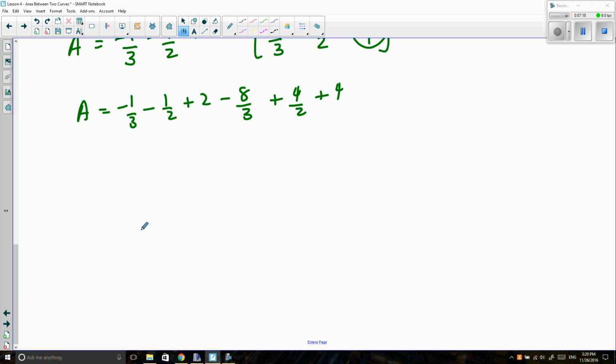So putting all my like terms together, I'm going to get area is equal to negative 9 over 3, and then the halves can go together, so I get positive 3 over 2. And then I have 2 plus 4, which is going to give us 6. Okay, so all in all, when I put all these numbers together, what I'm going to get is 9 over 2 as my final answer.